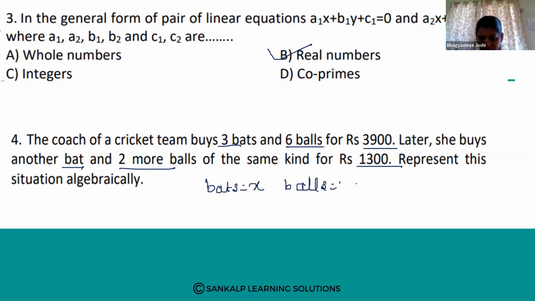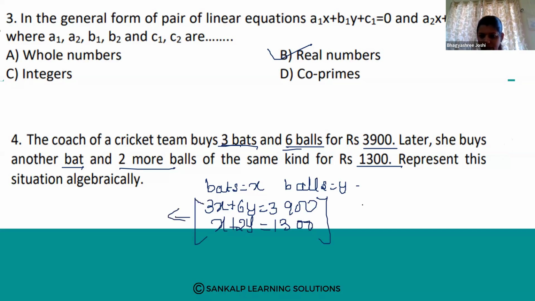So 3 bats plus 6 balls is equal to 3,900. Next, she buys only one bat, so x plus 2 more balls, that is 2y, is equal to 1,300. So this is the algebraic representation of the given statement: 3x plus 6y is equal to 3,900 and x plus 2y is equal to 1,300, right?